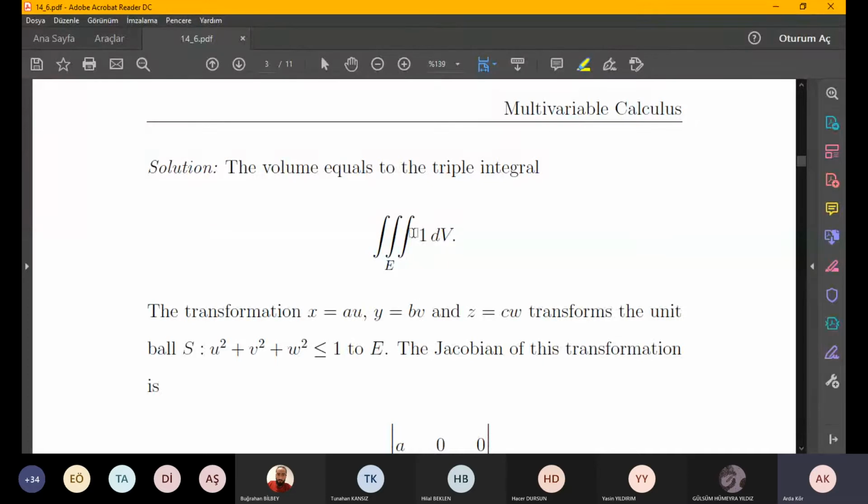If we just take the function as 1, that represents the volume of the ellipsoid.